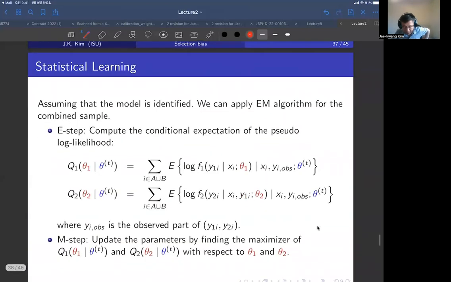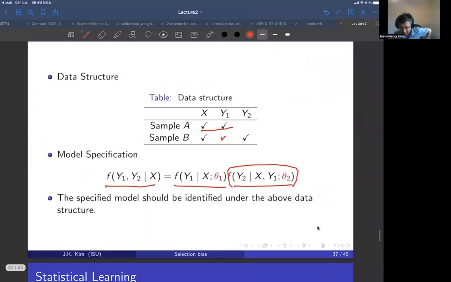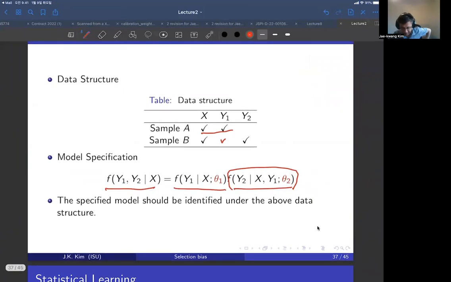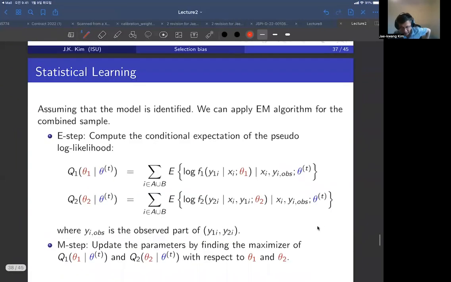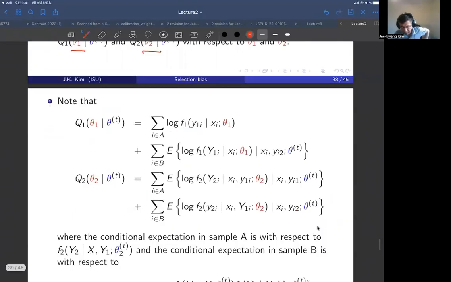But you can still apply the EM algorithm as long as the model is identified. So you have a log likelihood for zeta 1, zeta 2, compute it as a conditional expectation, and in the M step you update by maximizing with respect to zeta 1, zeta 2, something like that. Okay.